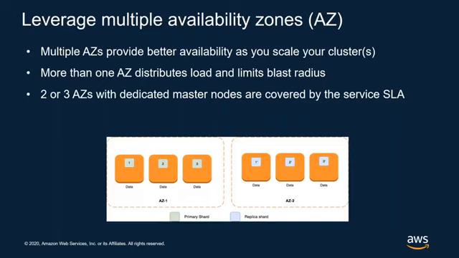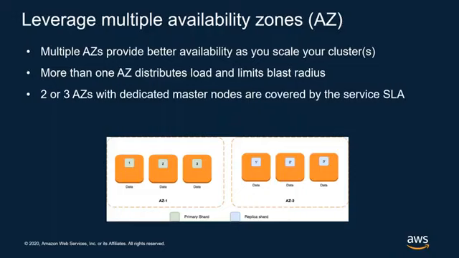What this allows you to do is to build highly robust applications that can survive failure. Should an availability zone have an issue, you have other availability zones in which your Amazon Elasticsearch cluster can survive that event and still continue to function and serve up your search solutions.